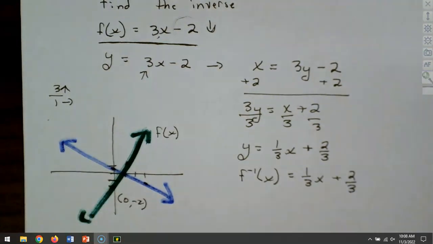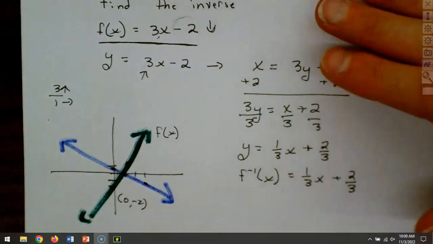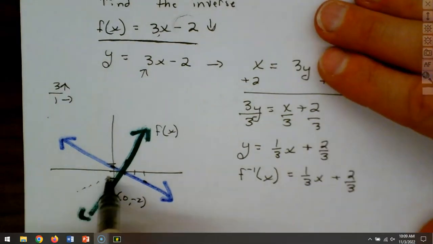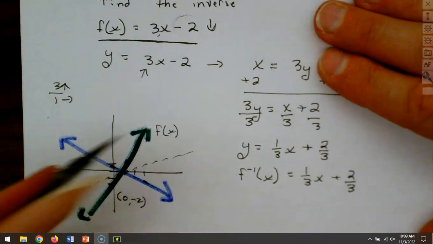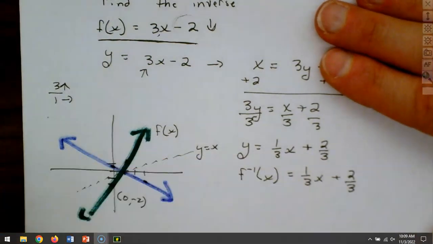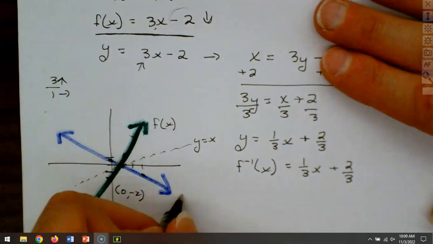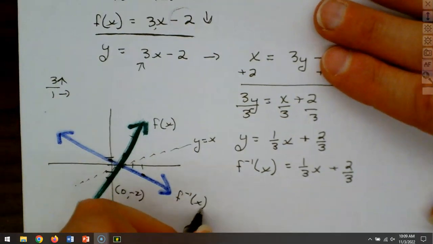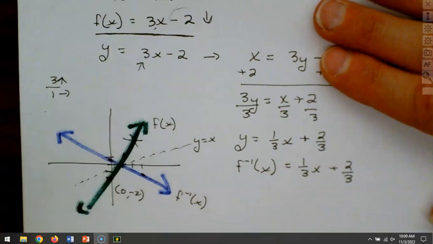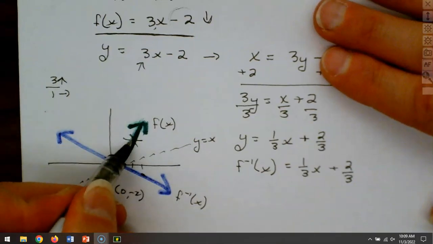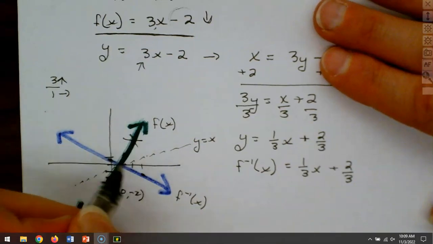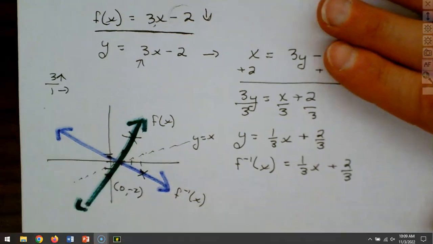Now, if I draw my line through, and I know my graph is probably off a bit, but if you draw your line y equals x, then they should match up. I should be able to fold this one over. So I should be able to fold this x here, folded over the dotted line, and it should match up with the blue one below.